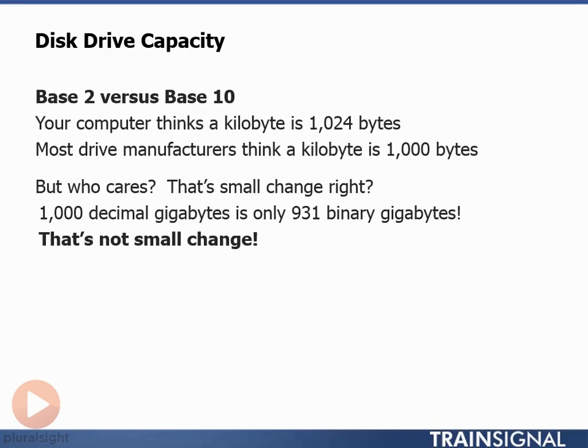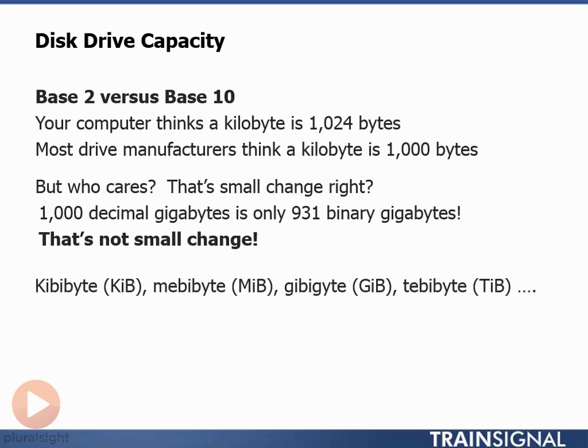99% of us are guilty of mixing and matching 1000 and 1024 when we're talking about storage capacities. Well, in an attempt to bring some clarity to the situation, quite a few years ago, the International Electrotechnical Committee, better known as the IEC, came out with the kibibyte, the mebibyte, the gibibyte, and the tebibyte.